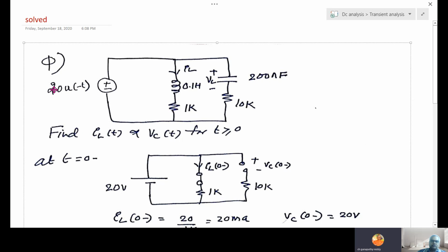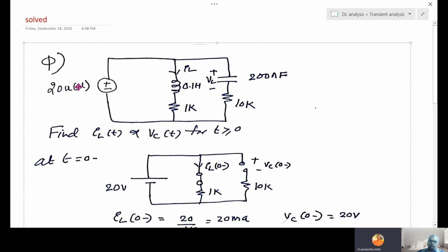Okay. So 20 U of minus t source is applied here, with resistor, inductor, resistor, capacitor. Here find IL of t and VC of t. The voltage applied here is a DC voltage.